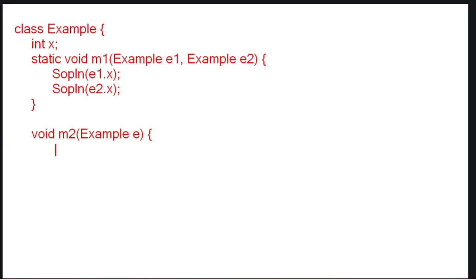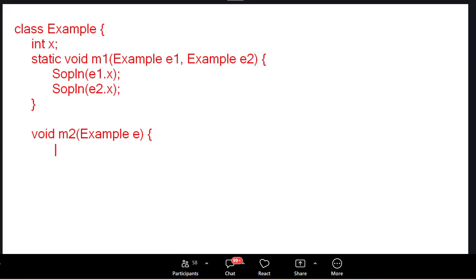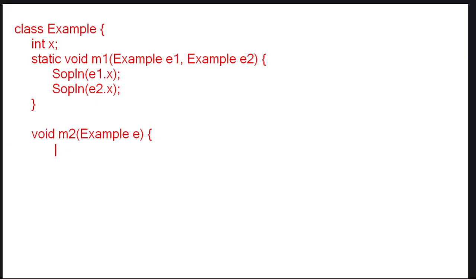Answer. How many parameters should I define? Write down: define a non-static method with one parameter of type example class.